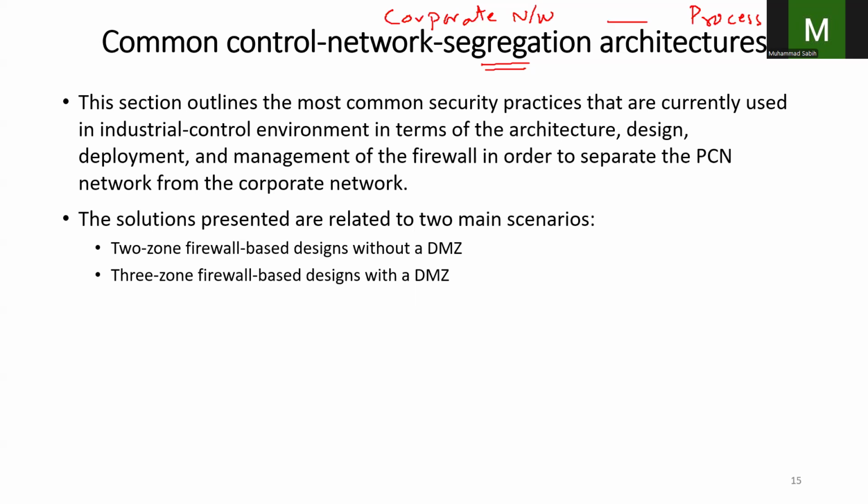We will see how we can segregate between these two networks. This segregation is the key practice in industrial environments, and we do this mainly to protect our critical assets.